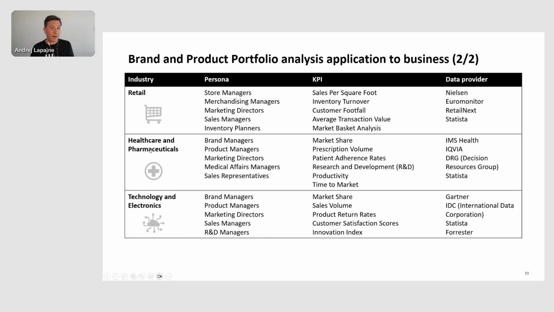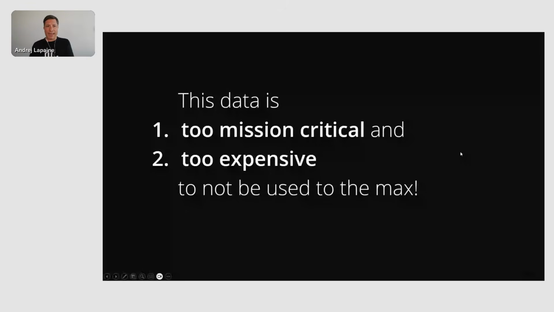Then, for example, in pharmaceuticals and healthcare, you have IMS Health, which is probably the most widespread, but there are others as well. So there are lots of data providers, a couple for each industry. You may want to explore those.